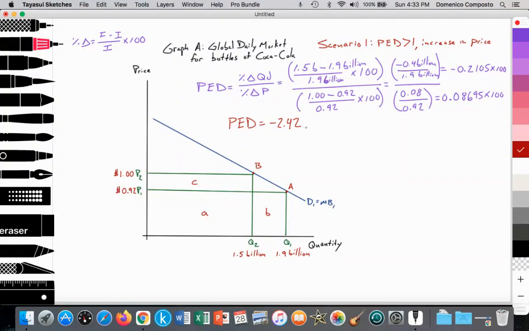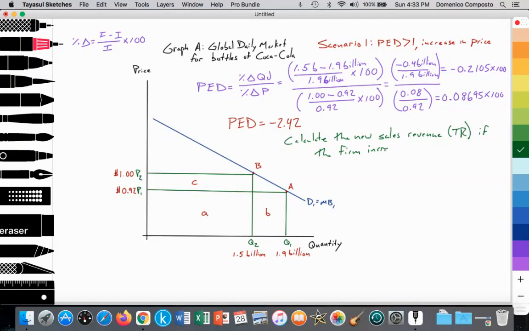So let's say you had a question on an exam that said, calculate the new sales revenue, which is essentially asking for the total revenue, if the firm, in this case Coca Cola, increases price by 15%.